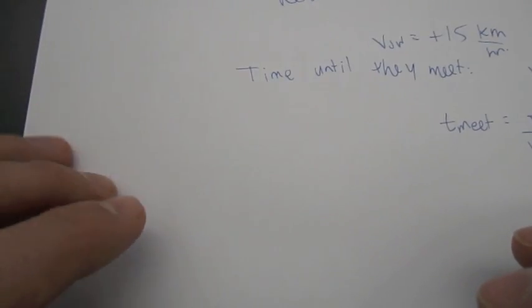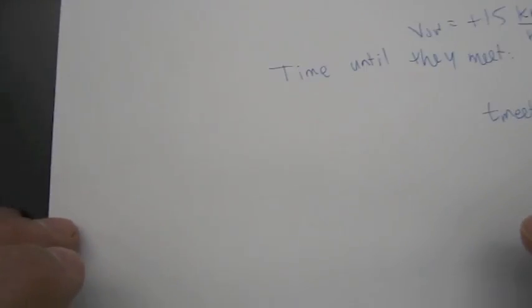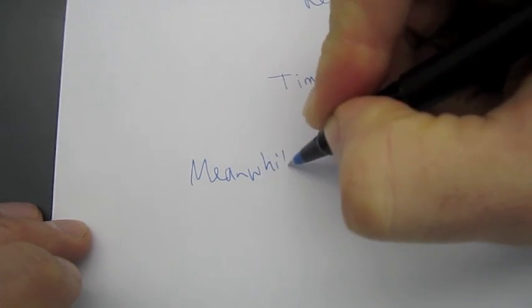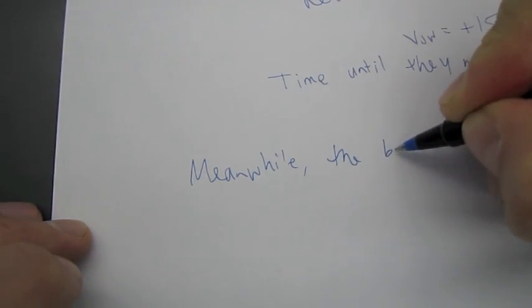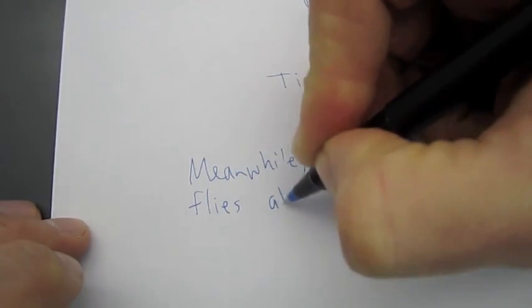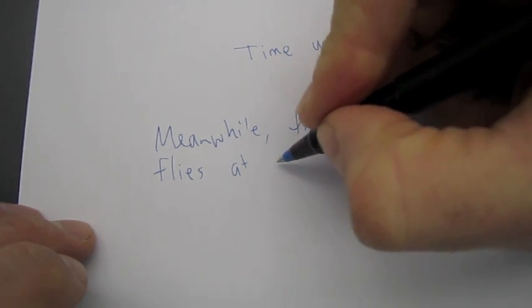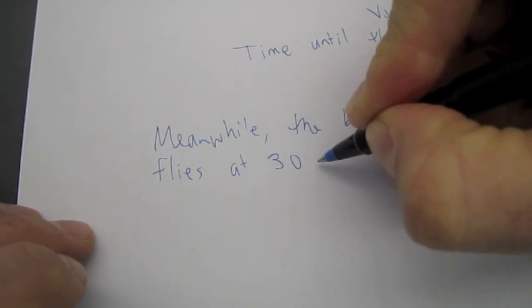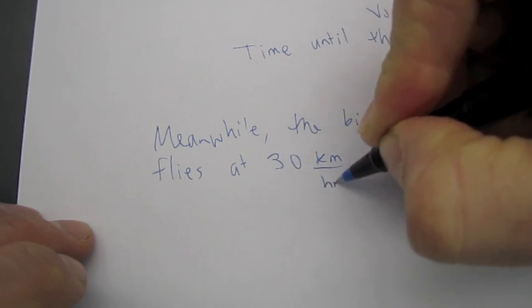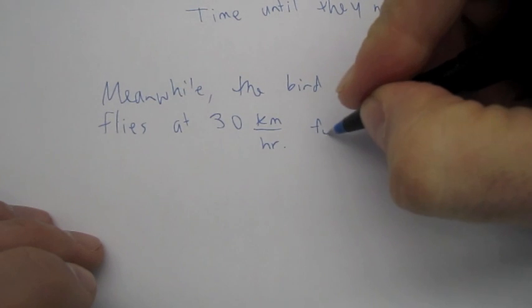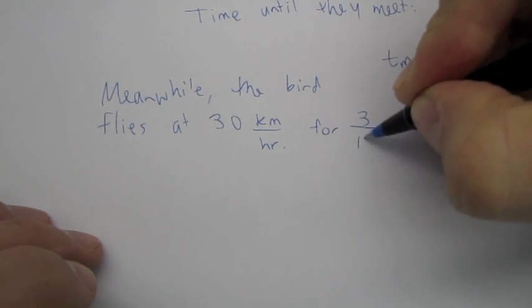Okay, and then you have the bird, so that's some number of hours. Meanwhile, the bird flies at 30 kilometers per hour for that number of hours, for 3/15 of an hour.